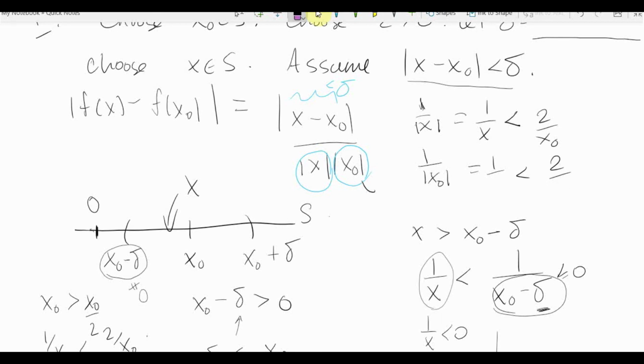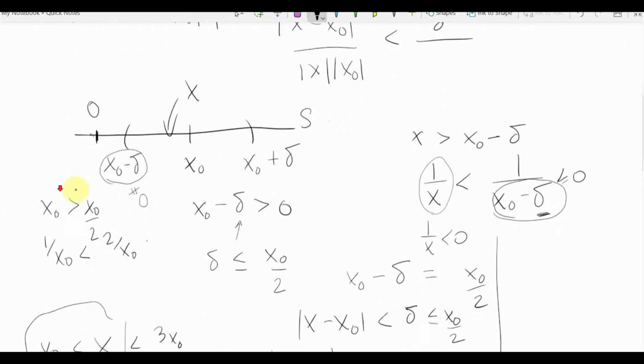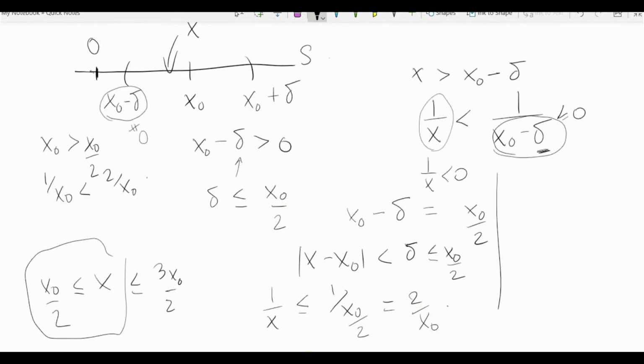So now I can put all of this together. Go up here, back to the proof, and I can say, okay, well, this is less than delta over, remember that the absolute value of x was less than, well, let's see, what do we write? Right here.